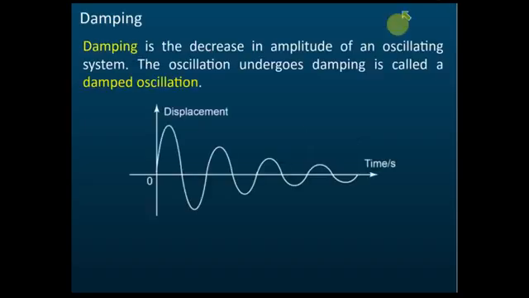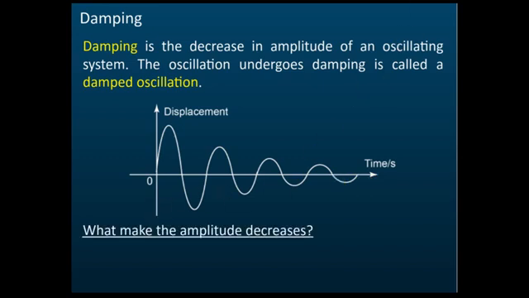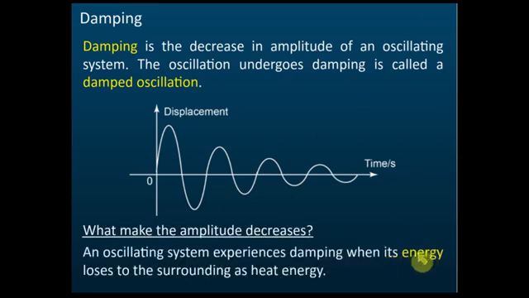Damping: we learned that damping is the decrease in amplitude of an oscillating system, and the oscillations that undergo damping are called damped oscillations. You can see that the amplitude decreases over time. Oscillating systems undergo damping because they lose energy to the surroundings as heat energy.